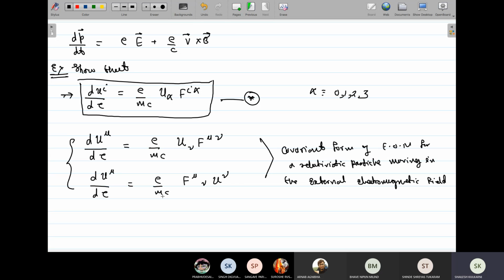That you can consider and write down the equation of motion. Is it clear? So these are the covariant form of the equations of motion. Any doubt so far?